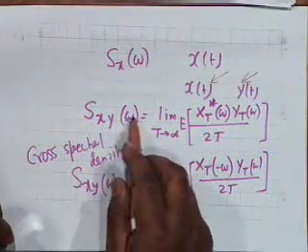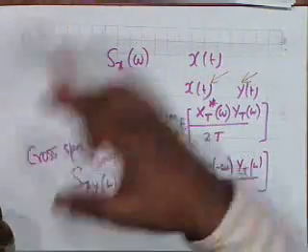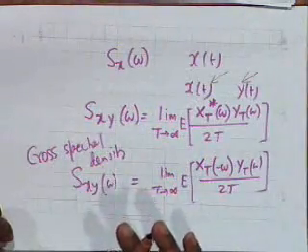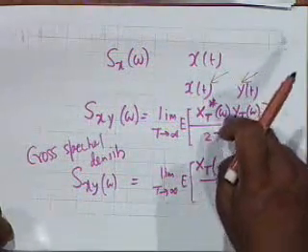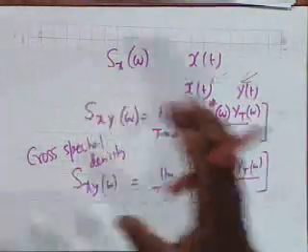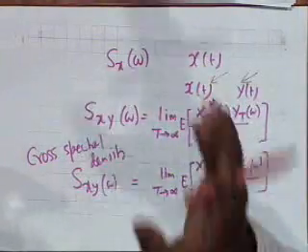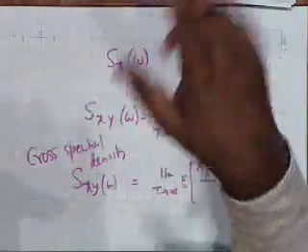Ultimately it simply becomes a function of omega. Dependence on capital T disappears because capital T ultimately goes to infinity. One can argue, why don't we take truncation from minus T1 to plus T1 and minus T2 to plus T2 and allow both of them to go to infinity? Well, you will get identical results, but you unnecessarily complicate life. One should take both of them to be equal.